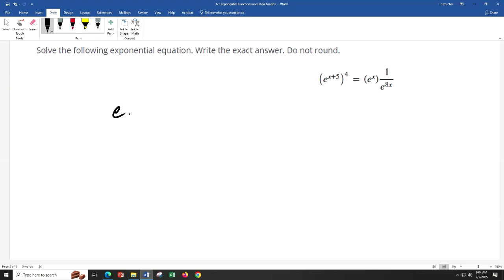We're going to have e to the 4x plus 20 is all equal to, now here's where you got to be careful. You have e to the x sitting outside, but remember algebraically, you have e to the x times e to the 8x, or you can rewrite this as e to the x all over e to the 8x. But what happens right here?